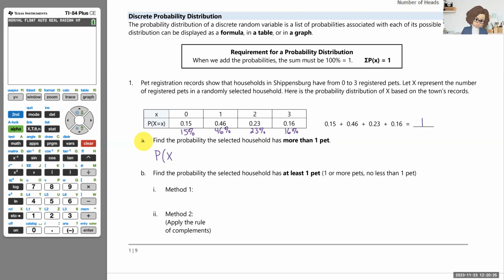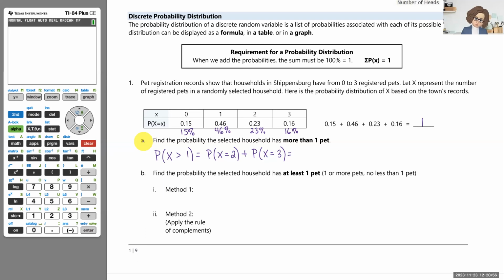So more than would be greater than, more than one pet. All right, so having more than one pet could mean more than one would start with two pets. So probability X is exactly two pets, or, so there's our addition rule, or more than one would also include people that have 3 registered pets.